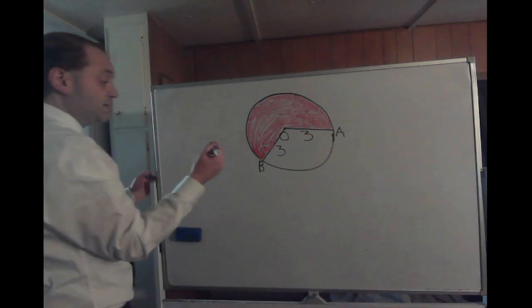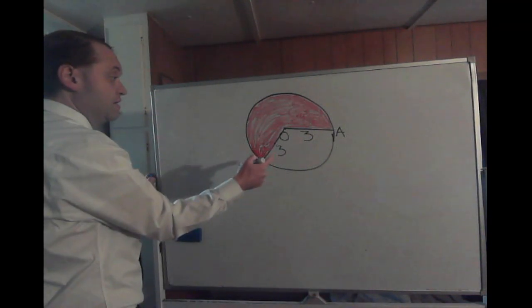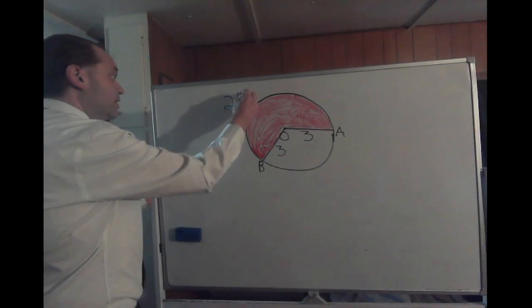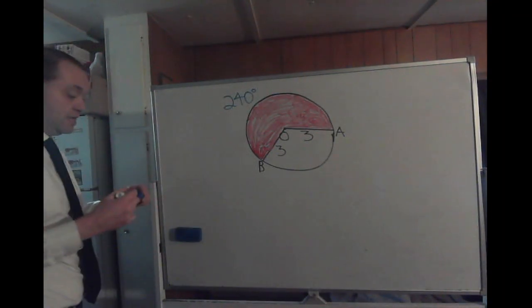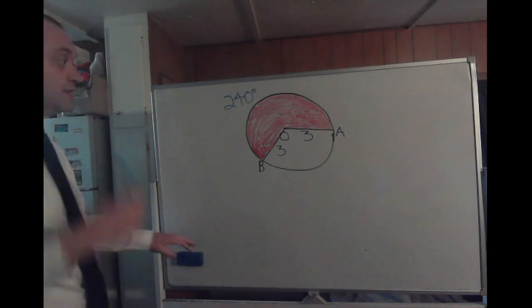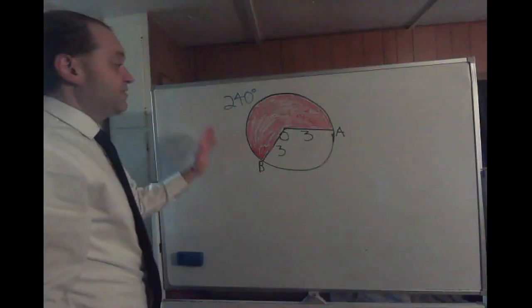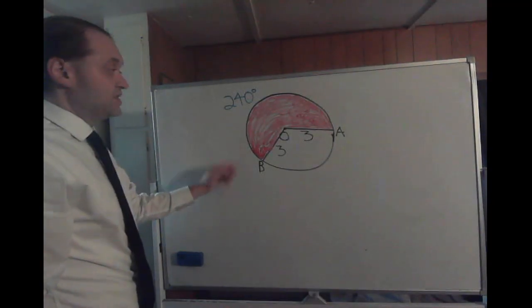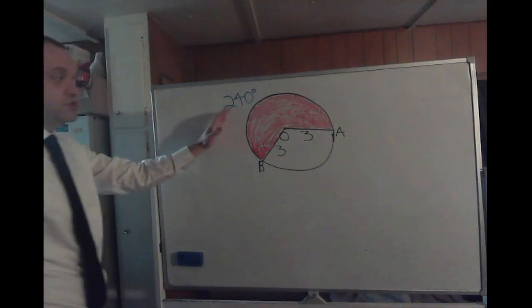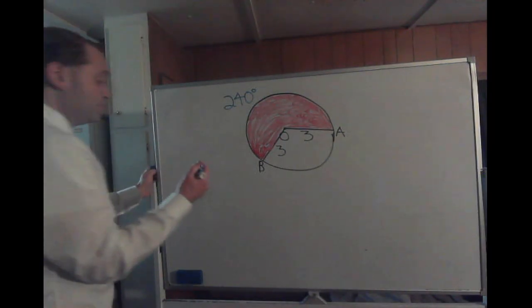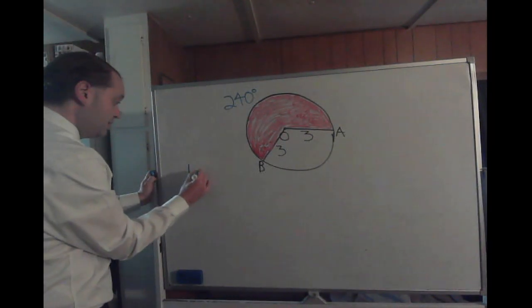They give us that the measure of arc AB is 240 degrees. So now we have to still find the length of arc AB, and we have to find, of course, the area of sector AOB, the 240 degree region, that shaded region. So let's start with the length of AB.